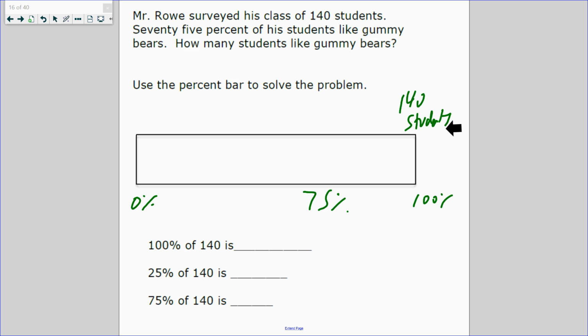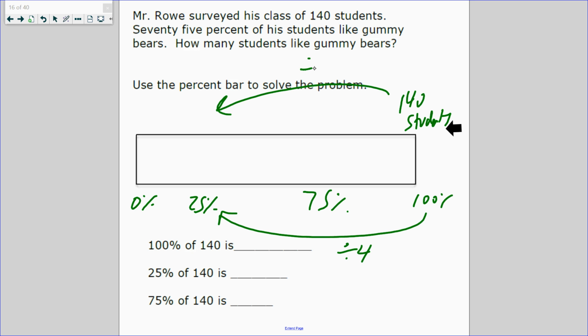So how am I going to solve this? Well, do you know 75% is part of what benchmark? Hopefully you said it's a fourth, which is 25%. So how do I break down 100% to 25%? Divide it into 4 parts. What is 140 divided by 4? 4 goes into 14 3 times, 4 goes into 20 5 times.